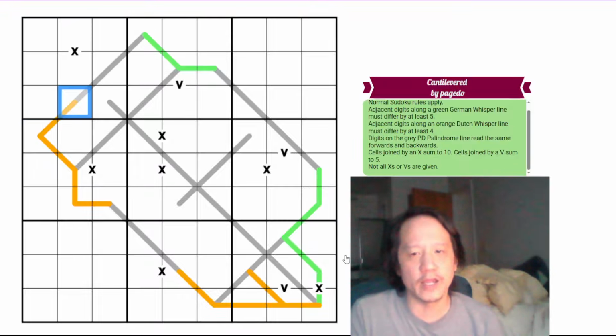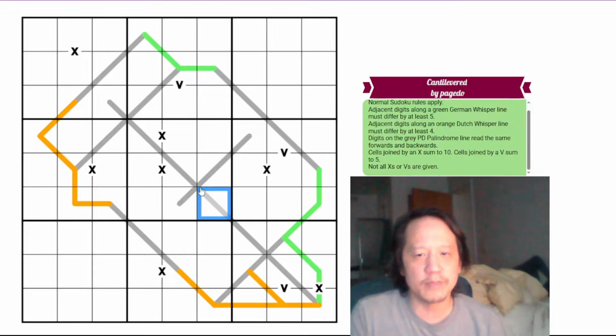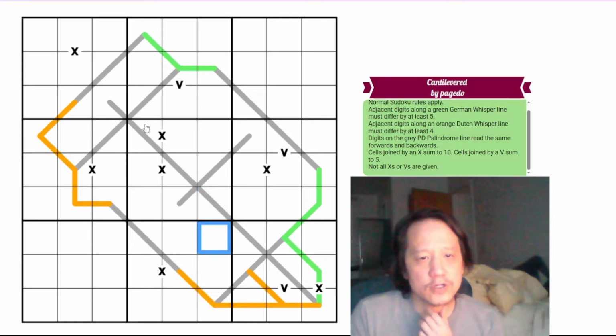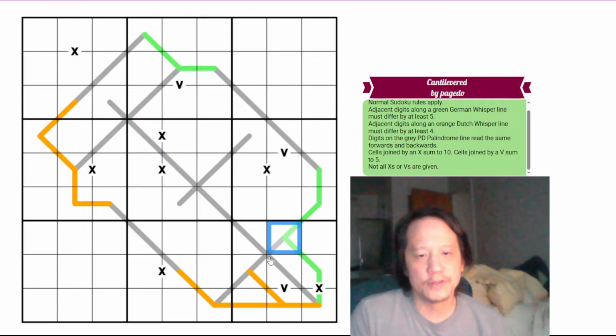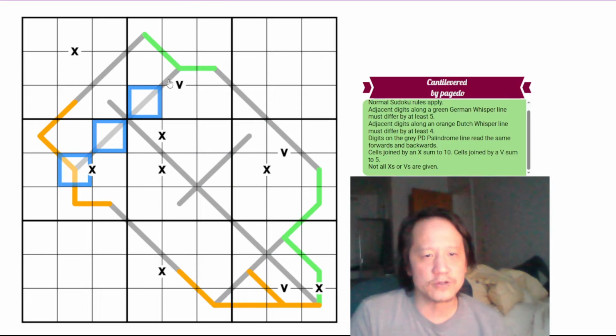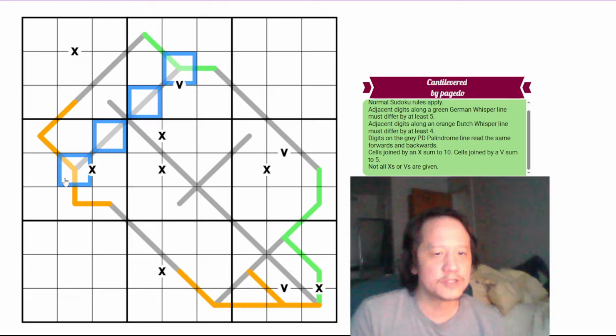Digits on a gray palindrome line read the same forward and backwards. So this is a line here, this is a line here, this is a line here, and these are lines here. They must read the same this way as they do this way.